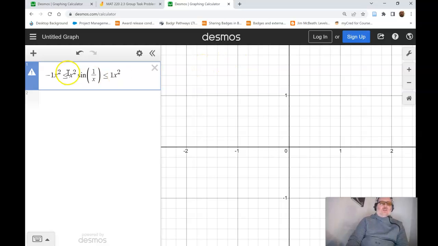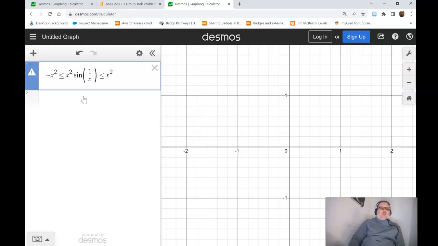And so what we see is that, and remember, we know it's not going to switch the direction of the inequalities because we know that x squared is always positive and the inequalities only switch when you multiply by a negative number.